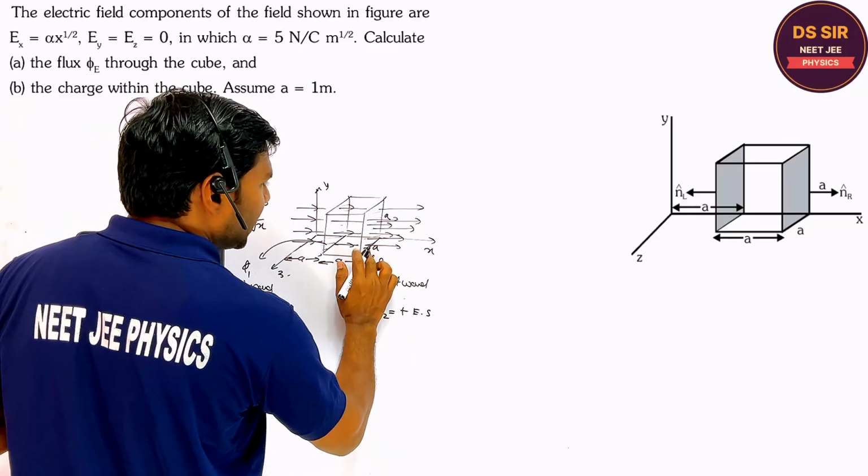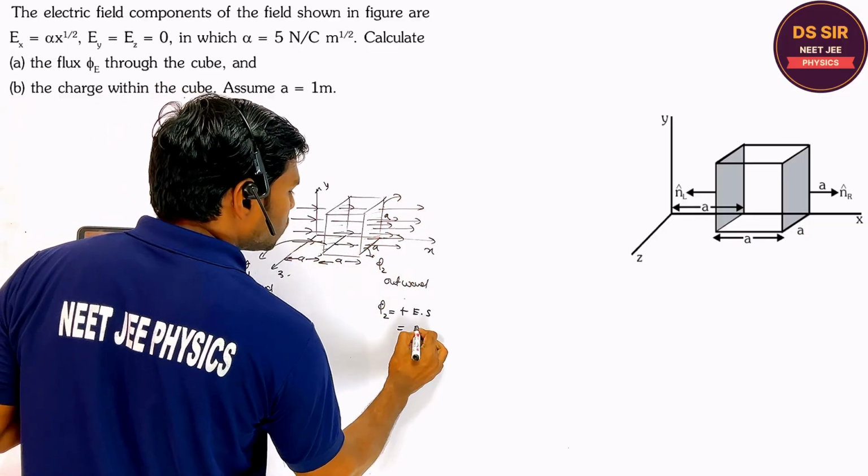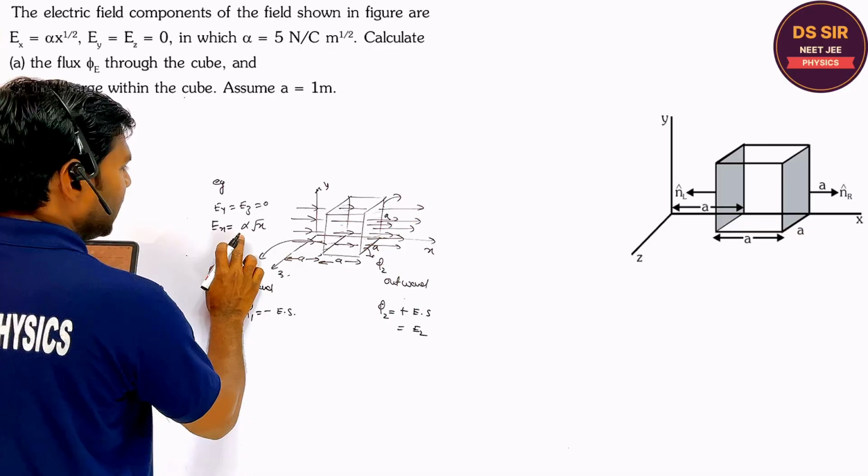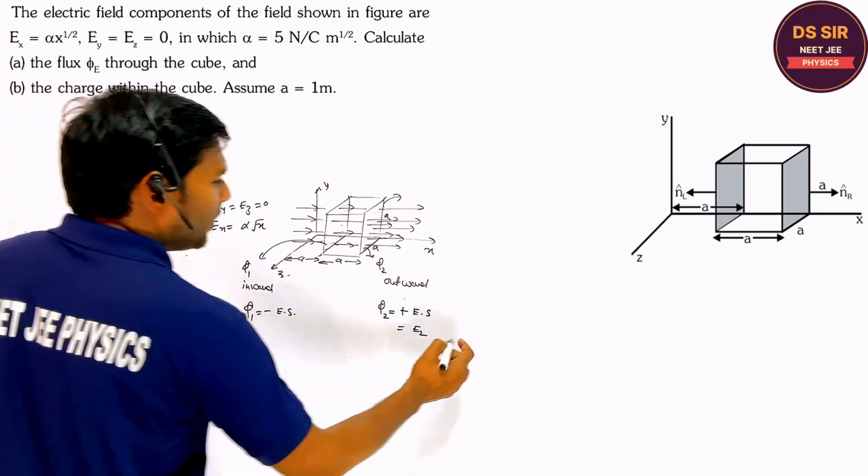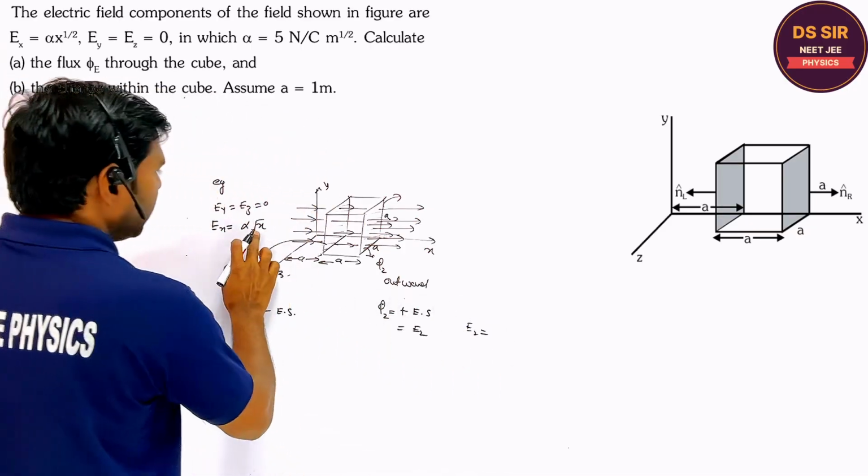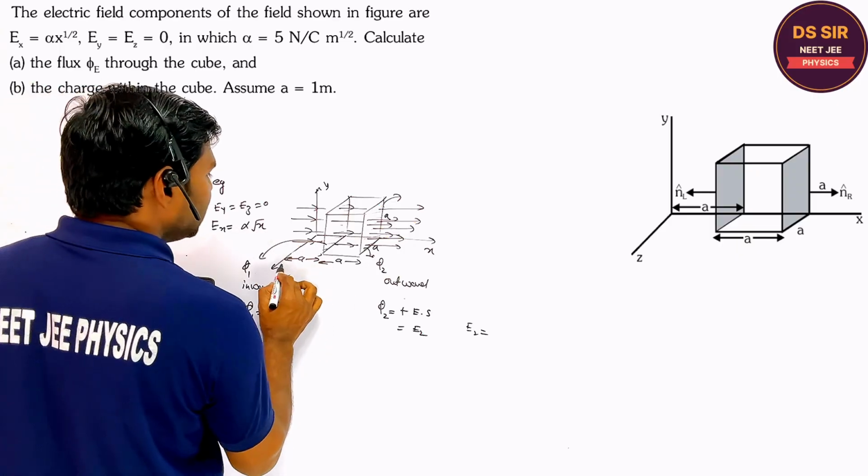The electric field at this point is assumed to be E2. How to find the electric field E2? I will put the value of x at this distance.